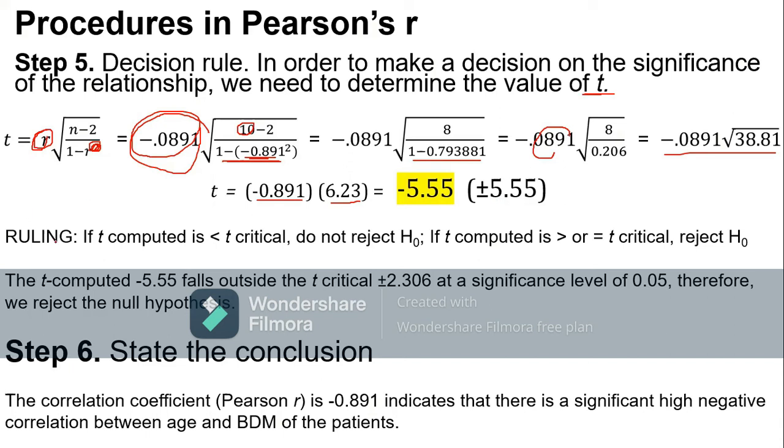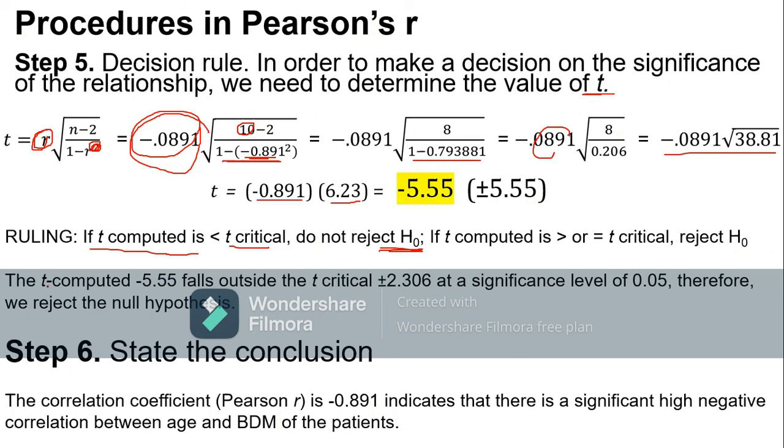So, there's always a rule, class, no? If the t computed is less than the t critical value, you have to accept the null hypothesis. Okay, you have to accept the null hypothesis. If the t value computed is greater than or equal to the t critical value, you have to reject the null hypothesis.